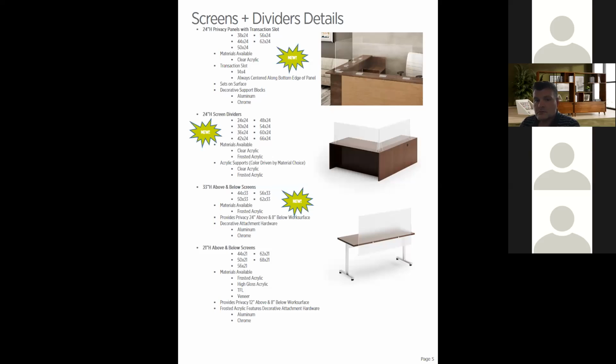These will come with decorative hardware, and you can see them there on that image, available in both aluminum and chrome. Those will be attached to the work surface, just like they are today. This particular solution is going to work great for training and multi-purpose tables, or really any work surface that needs protection above and then a modesty below.